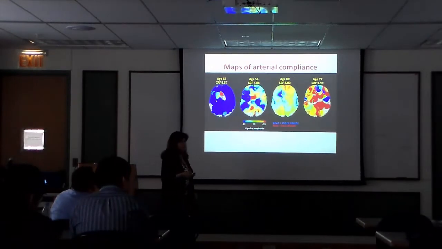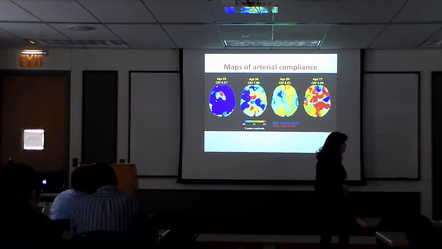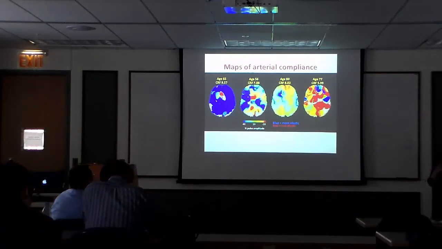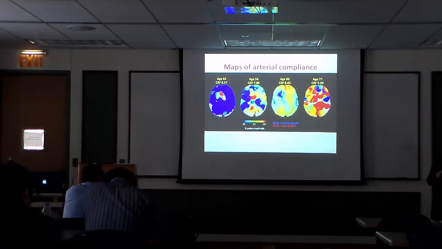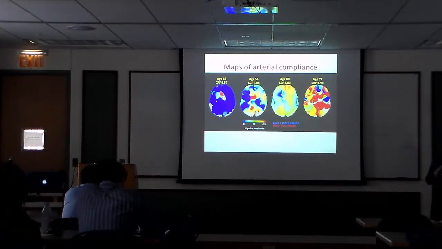How do you separate out the compliance of the arteries from just the mechanics of the brain tissue? So for now, it's a summary measure. We are trying, but you have different parameters. You have the peak, which is basically the pressure. You have the shape, which is a measure of compliance, if you want. And then you have the velocity, the transit time, which, again, is a measure of elasticity. So you can start separating the different parameters.